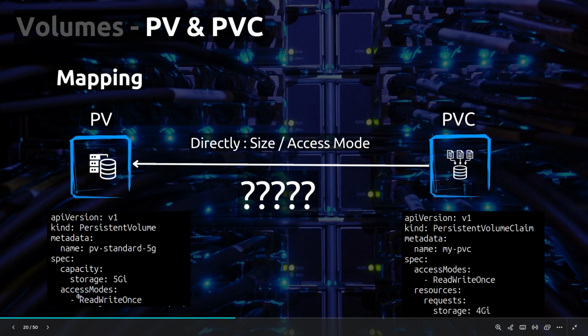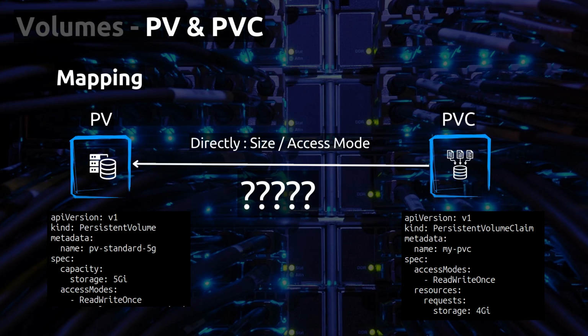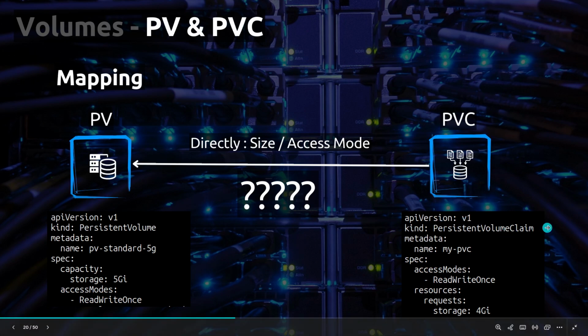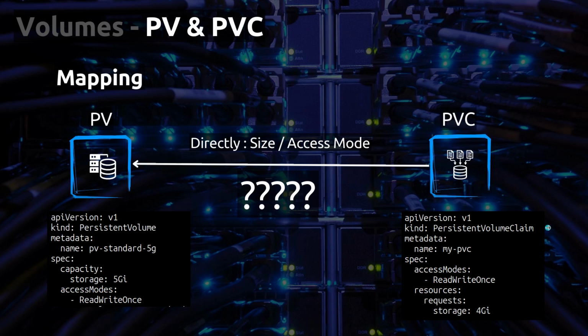Of course, like we said, we need to set the access mode. In this case, we just set ReadWriteOnce. That means we can only mount this volume one time on a node inside the cluster. You can mount it, of course, on another node one time too, at the same time.